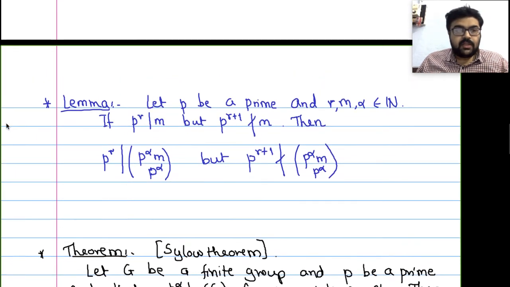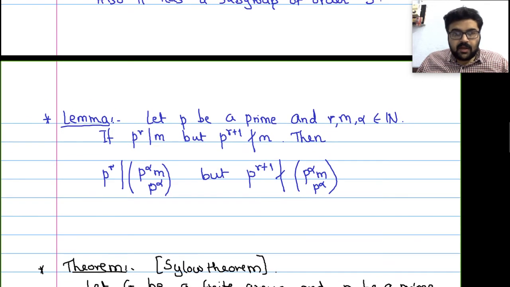So what it says is that if the maximum power of p coming from m is r, and r plus 1 is not coming, then the same maximum power of p is extracted in p power alpha m choose p power alpha.